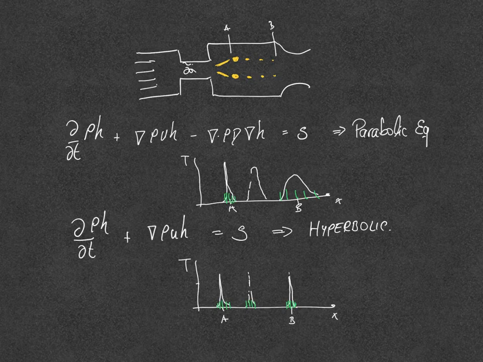Another thing which is of high interest is how you impose the boundary conditions. You will see here that the information in this problem, when described by this equation, flows in all directions.